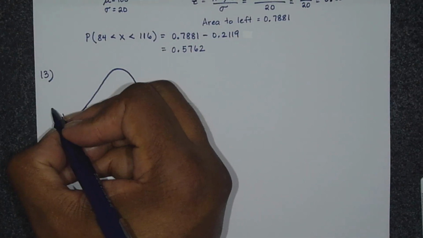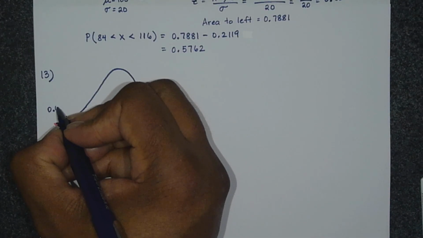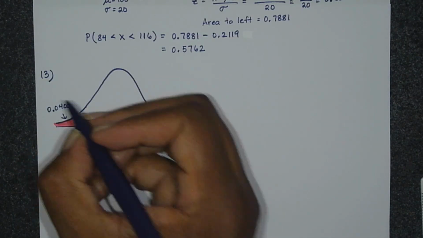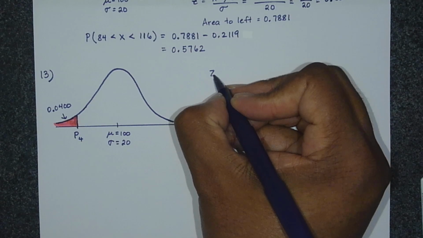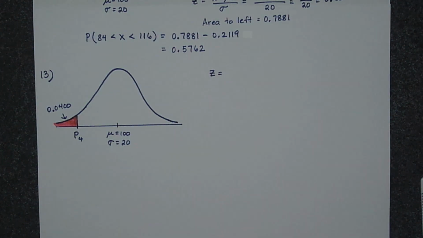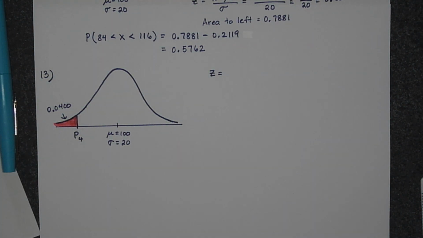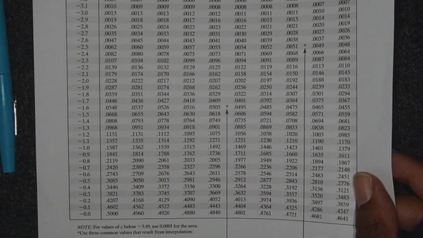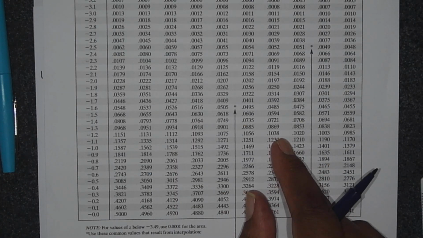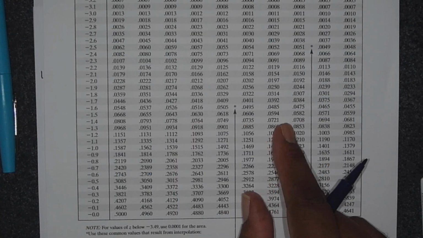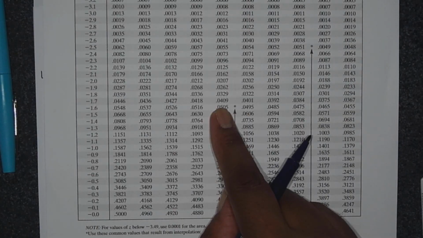And what's 4% as a decimal? 0.04, and I'm going to add 2 zeros to that. Okay, now I need to know what its corresponding z value is going to be. Well, 0.04 is less than 0.5, so I need to look at the page where it says negative z-scores, and look in the body of the table and find a value that's close to 0.04.